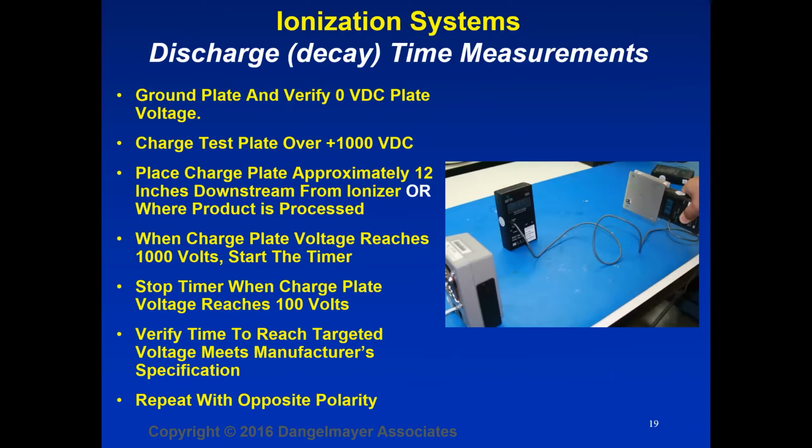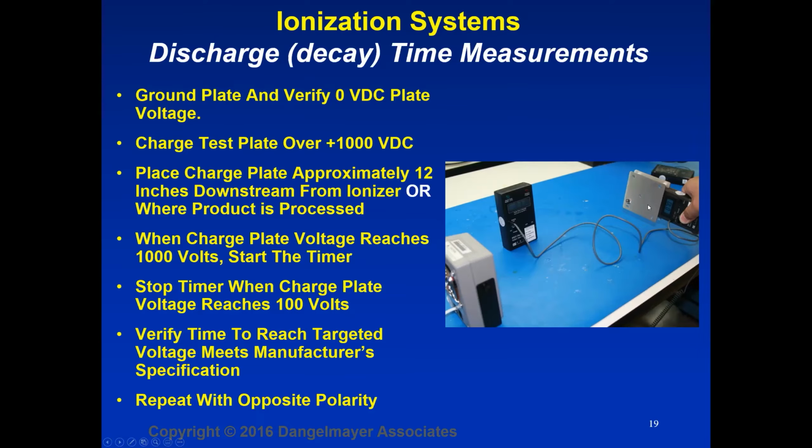Here's a little picture of a handheld CPM or charge plate monitor being used to check the small ionizer on the left here. This little box here is an analyzer that will start and stop at the 1,000 and 100 volt levels and give you the time that it takes to discharge.